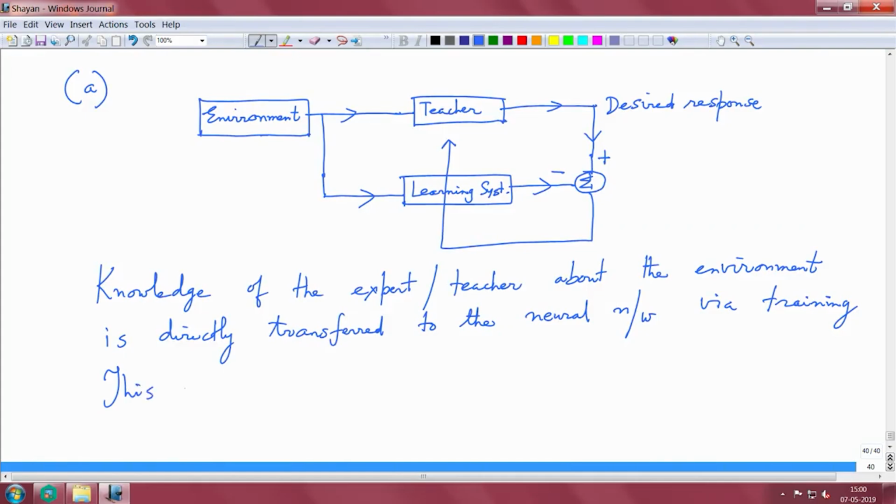So, this is what really happens, and this is also a basis for error correction learning.